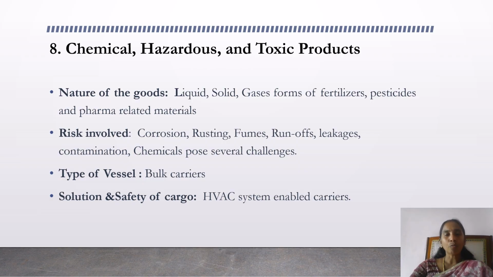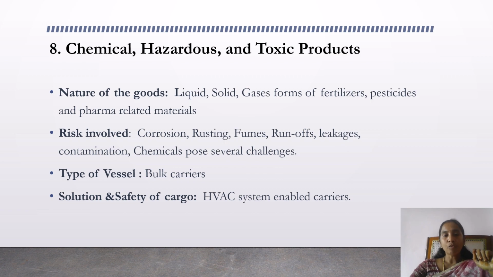What kind of product is this? It is a fertilizer, it may be a pesticide or some pharma related product or any materials which are used for factory purpose, furnace purpose. So we use these kinds of materials. Of course, we import a lot of these chemicals, fertilizers from various countries.